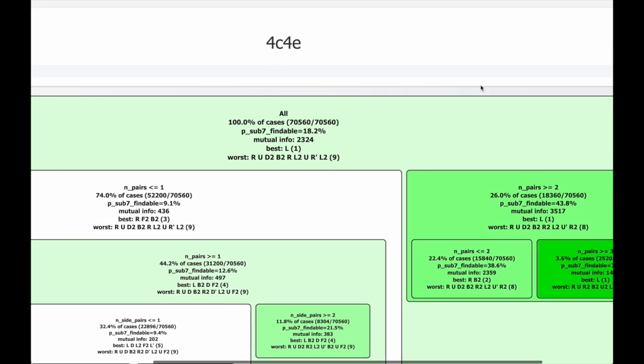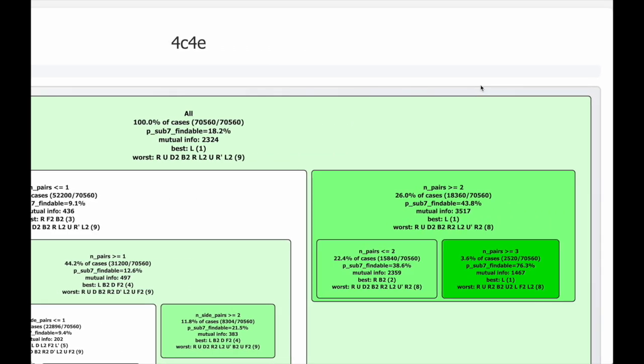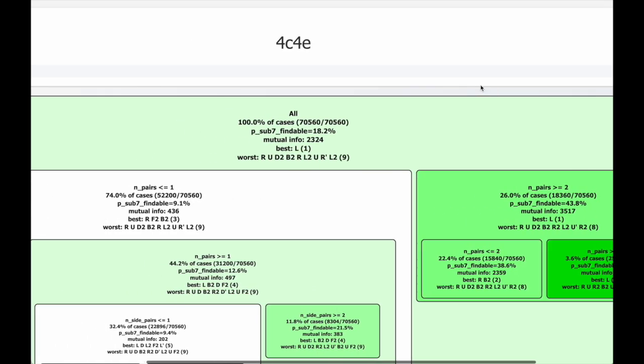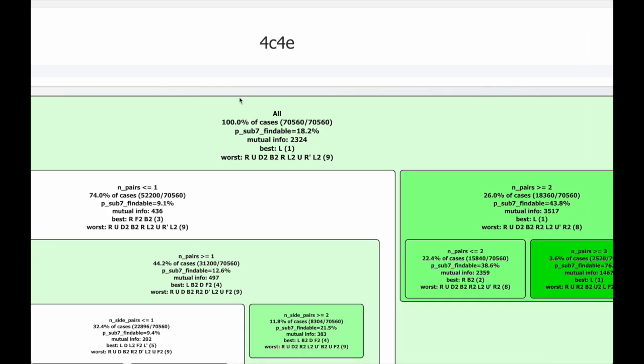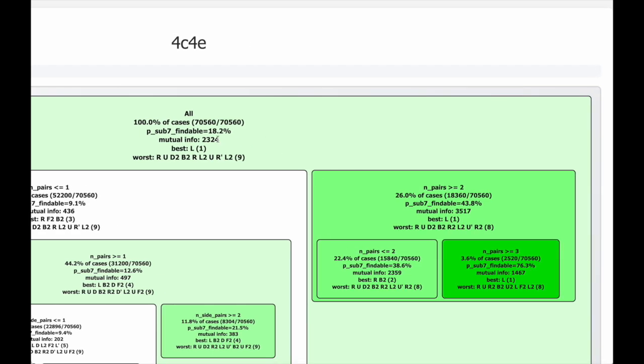Let's look at 4C4E. Again, this pops out the intuitive result, which is the common wisdom now, that you shouldn't be NISing all 4C4Es. It's 18%. But if we look at which node has the highest mutual information, this one's 2,300. This one's 3,500.